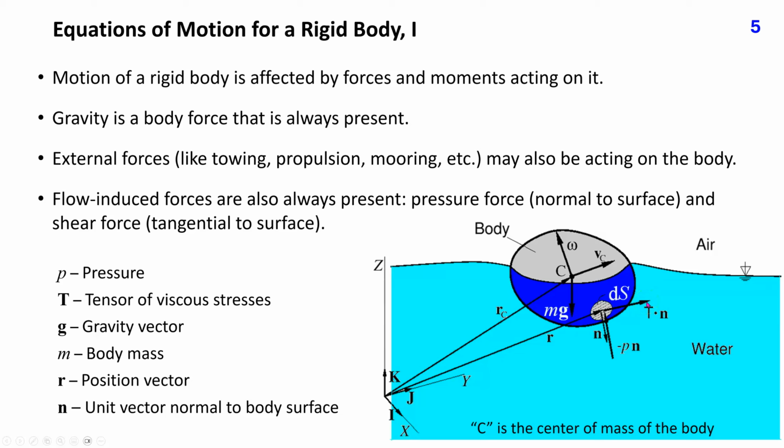This is illustrated in this figure, showing a partially submerged rigid body floating in water. P denotes the pressure, T is the tensor of viscous stresses, G is the gravity vector, M the body mass, R the position vector, and N the unit vector normal to body surface. C is the center of mass of the body, and V and omega are the linear and angular velocity of the body, respectively.